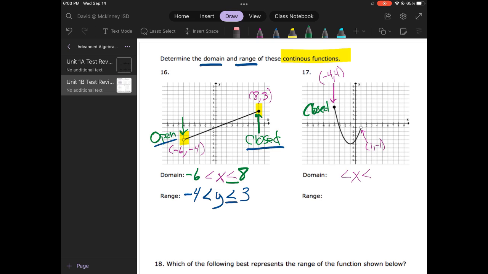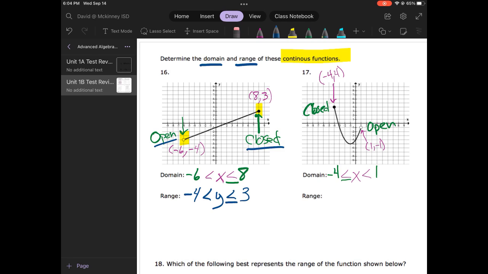It's a -4. Closed means that it is included, so I will write my equality line underneath the less than symbol. But on the opposite side, it's open. So where x is a 1, I don't write an equality line under my less than symbol. So there's my domain. -4 is less than or equal to x, which is less than 1.